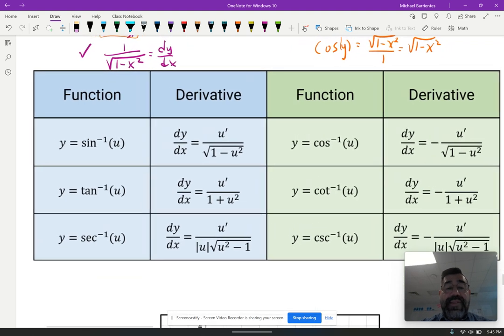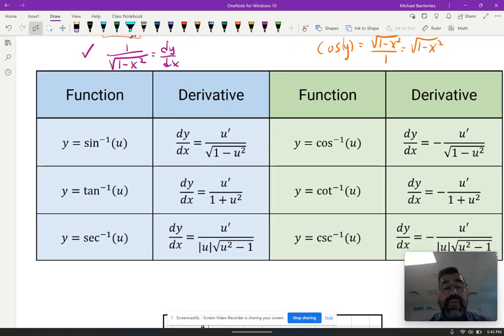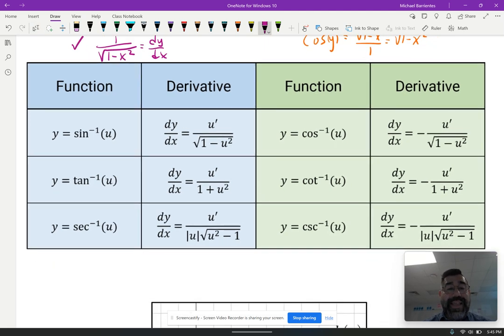So what we have in this table is all of our derivative formulas for the inverse trig functions, like sine inverse, tangent inverse, secant inverse. But just as before, I want you to notice that there's a pattern. When I look for sine inverse, this is what you need to remember, because the derivative of cosine inverse is the same thing, except there's a negative.